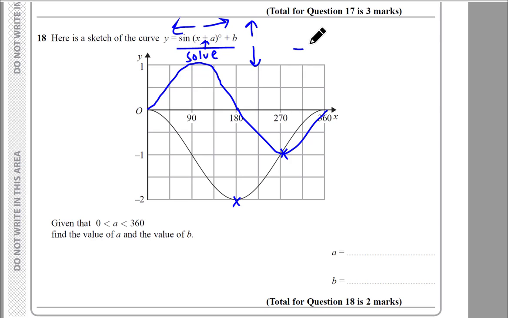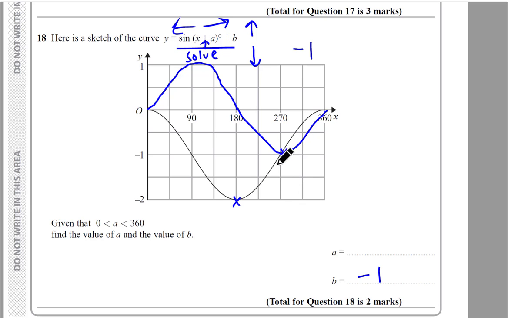So you can see B is -1. Now you can see, because this graph, it's not a reflection because there's no negative sign, so that's -1. B has to be -1.